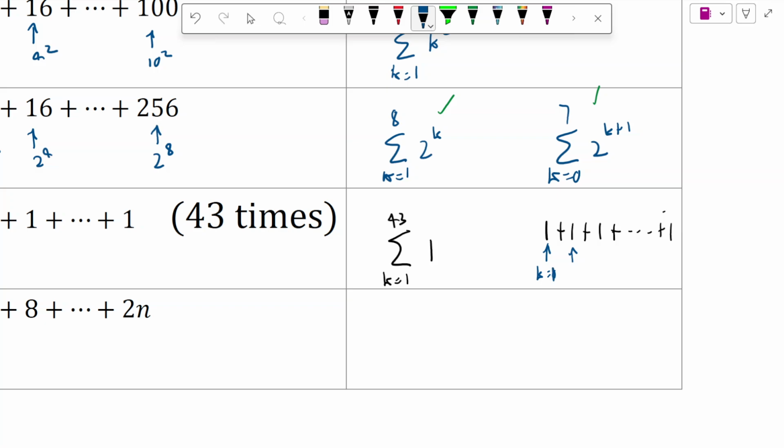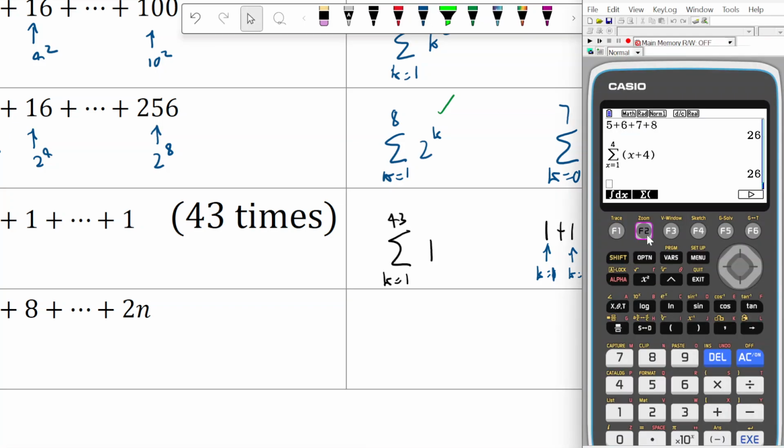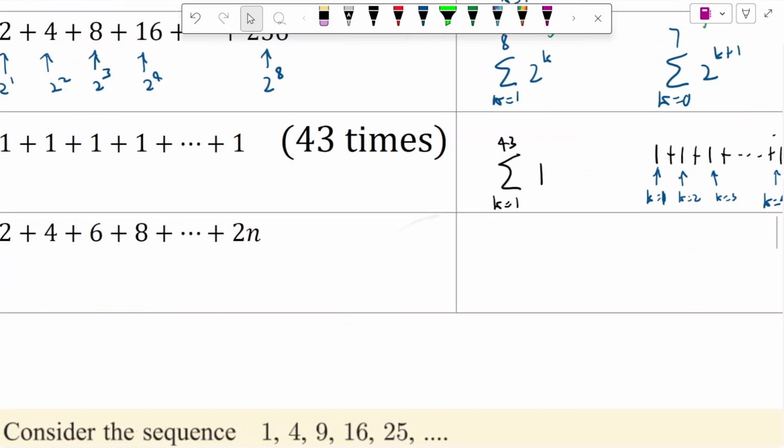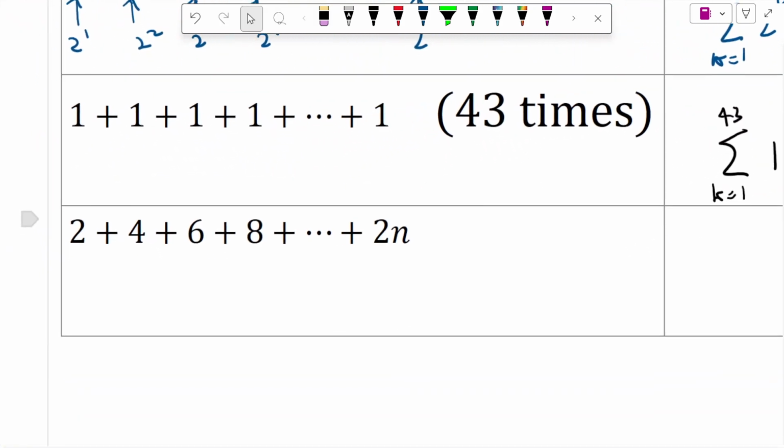When k equals 1, when k equals 2, that thing's still 1. When k equals 3, that thing's still 1. And all the way up to k equals 43, that thing is still 1. And if we want to verify that on our calculator, we can. So if we just go 1, and we're going to go from x is 1 to 43. There we go, 43.